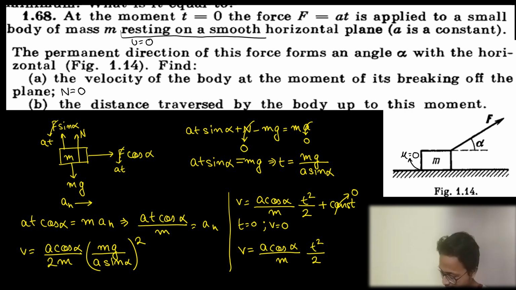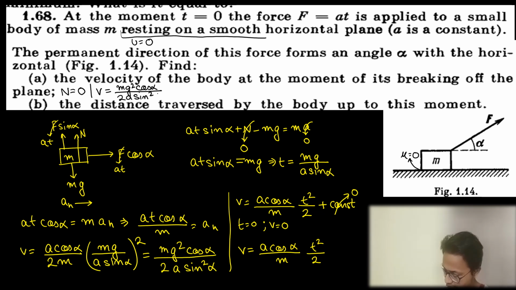If I solve this, it becomes m g square cos alpha by 2A sin square alpha. So the velocity here is equal to m g square cos alpha by 2A sin square alpha.